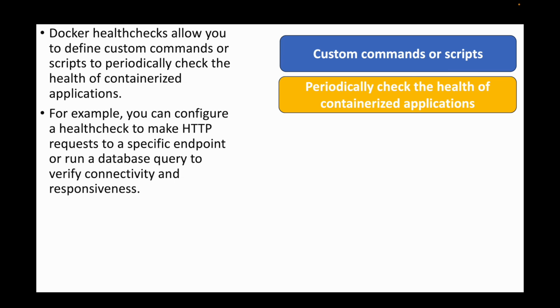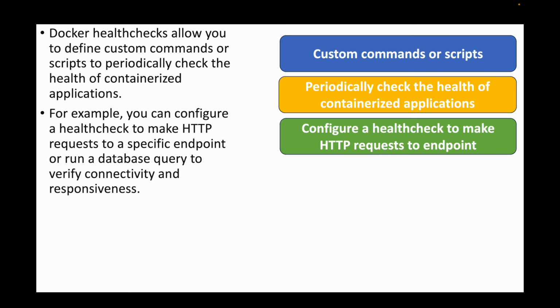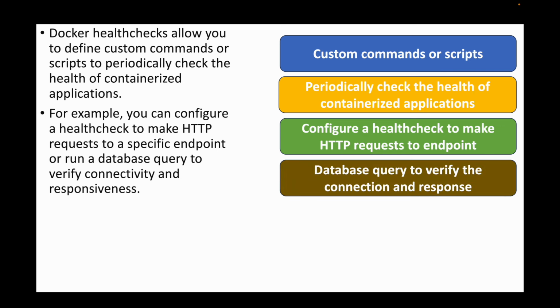Now, for example, it could be an HTTP request to a specific endpoint, or it could be a database query to verify the connection and the response. So the health check could be hitting an HTTP URL to get the response, or running a database query to check the connectivity and also the response we are getting from the database.